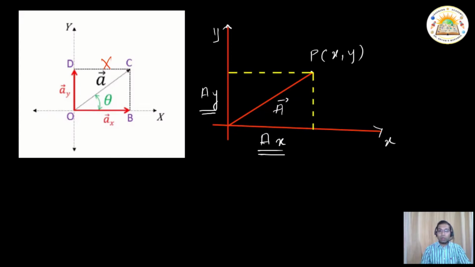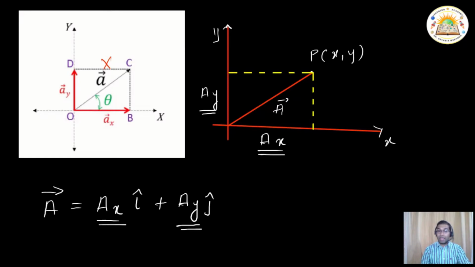So the mathematical way of writing it is, I will have a vector is equal to the magnitude along x-axis into i cap plus magnitude along y-axis into j cap. So you can see here, ax will be the magnitude along x-axis, ay the magnitude of a vector along the y-axis.